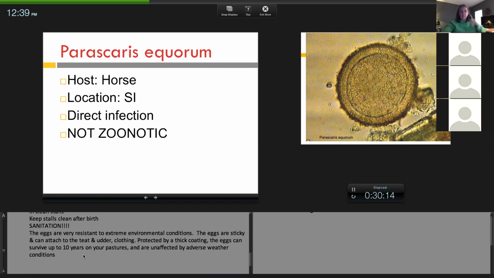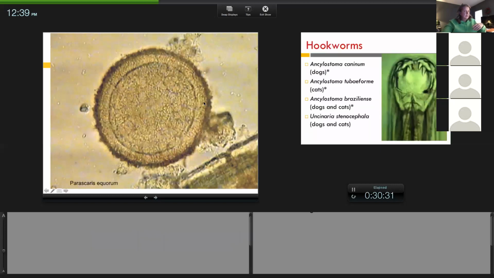If you rotate pastures, you might treat one pasture, move the horses, then treat the other pasture, and keep the stalls as clean as possible. But again, this thick type of egg, pretty round.